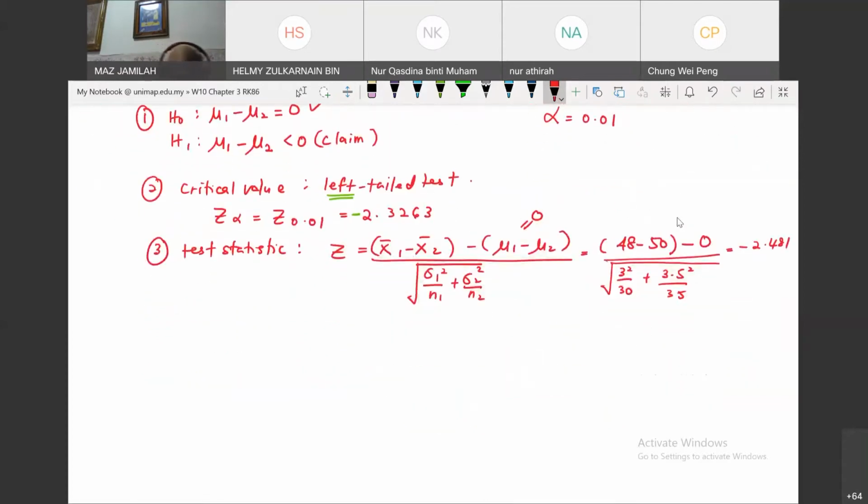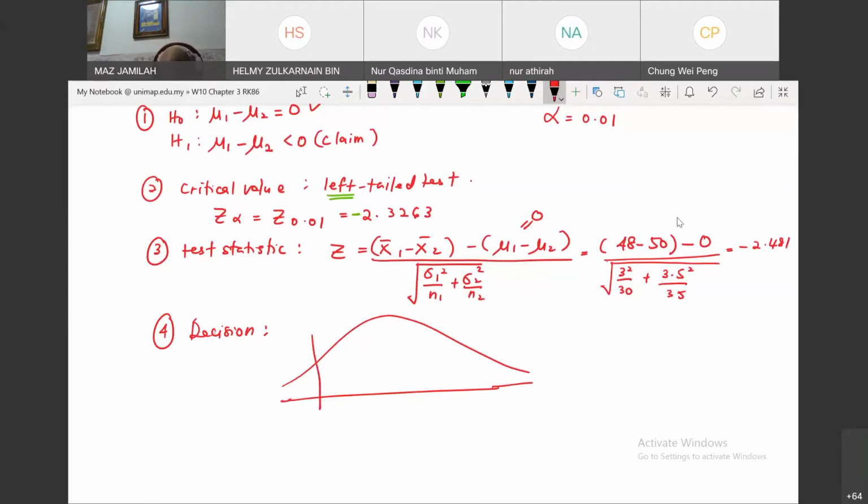Decision. Using my sketch, my critical value is at negative 2.3263, that would be your negative Z alpha, and this is your alpha, which is equal to 0.01. Now look at your test statistic.